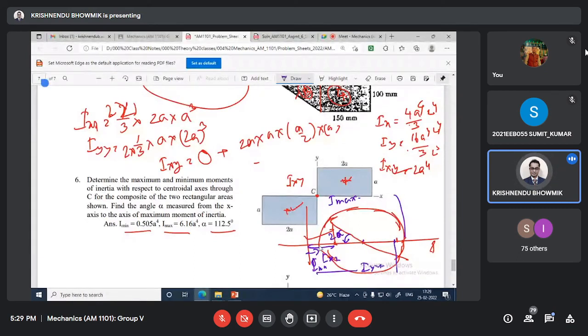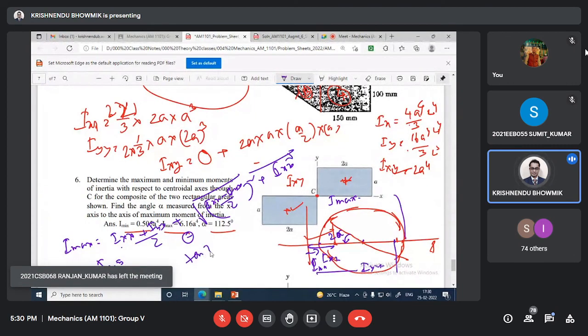If you vary, you will get here I minimum. Here it is I maximum. Now you have to be careful. To calculate that, anybody can write I max equal to IXX plus IYY by 2 plus square root of IXX minus IYY by 2 whole square plus IXY square, and I minimum will be negative.